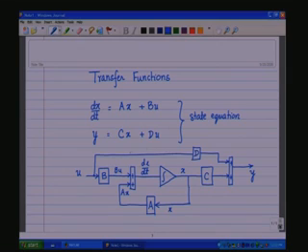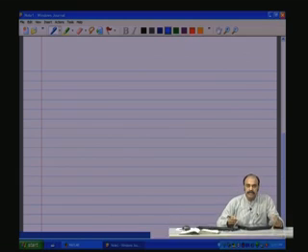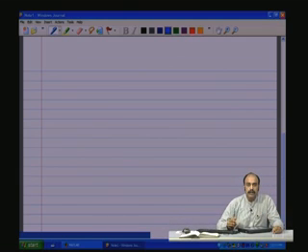Now, what is important to notice here is that there is one integration and two summing blocks. The integration is fundamental to any physical system. Any physical system can be represented as a state equation, and the state equation has one integrator per energy storing element.